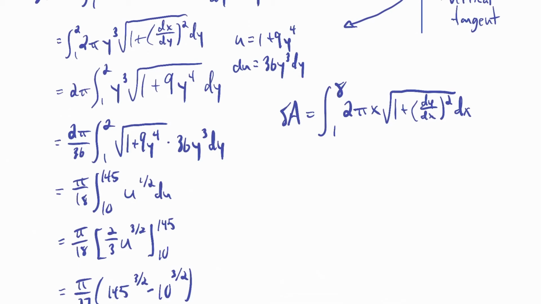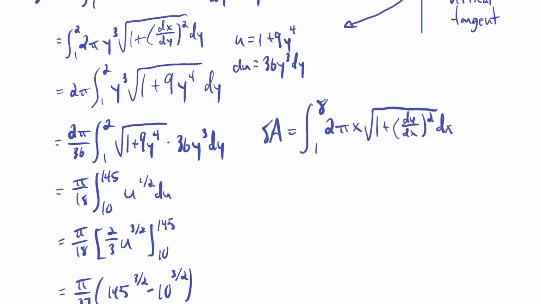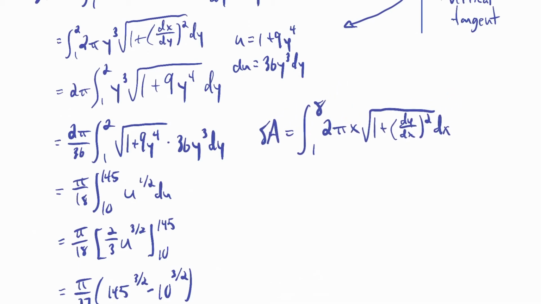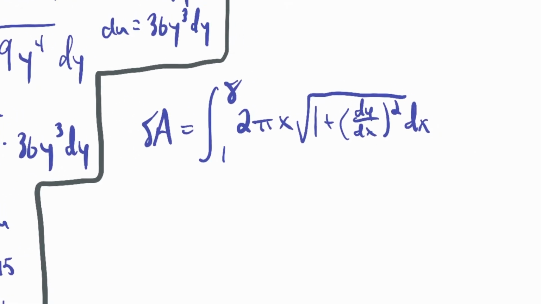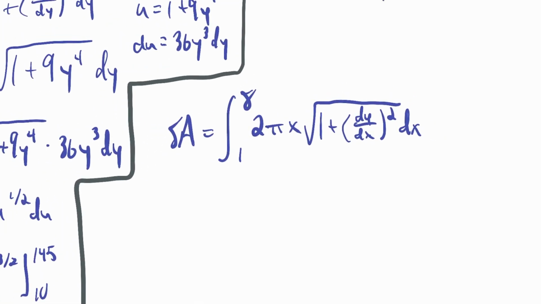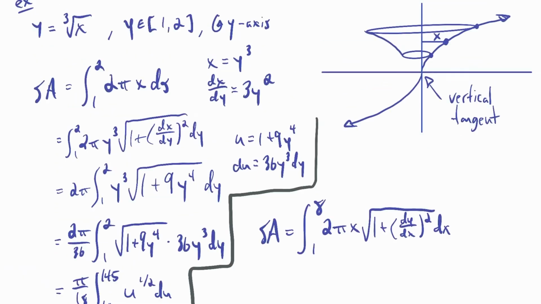And in fact, I might need to move this a little bit, because I'm kind of short on horizontal space, but I have enough vertical space. So let's do this. Yeah, let's do that. Okay. So, y is cube root of x.